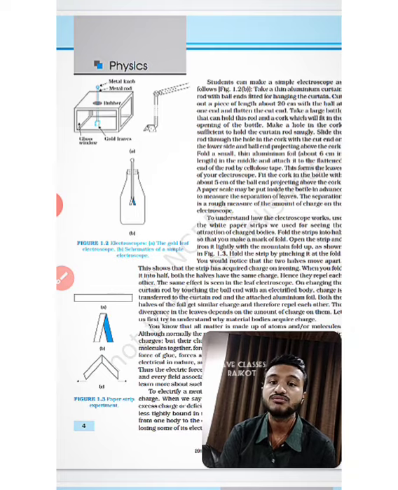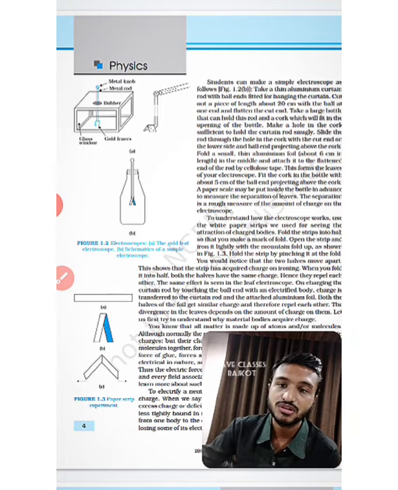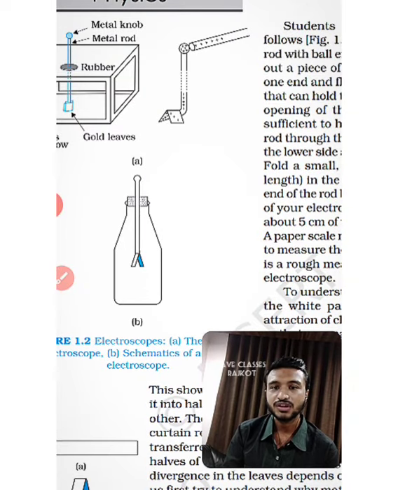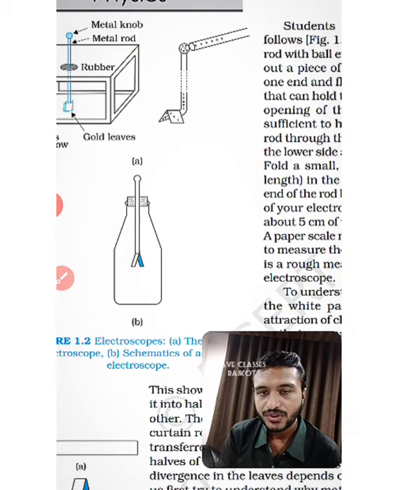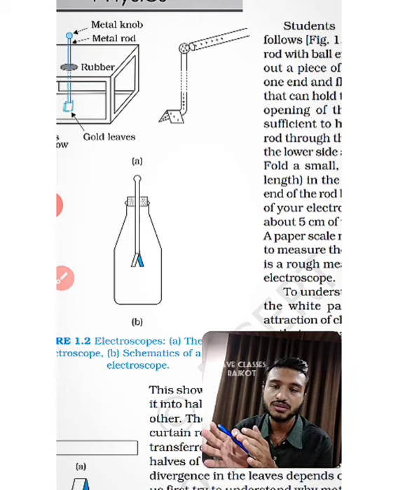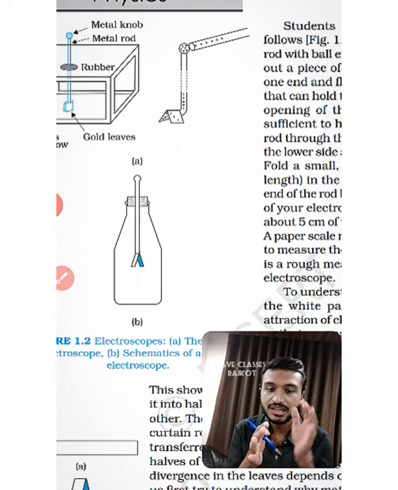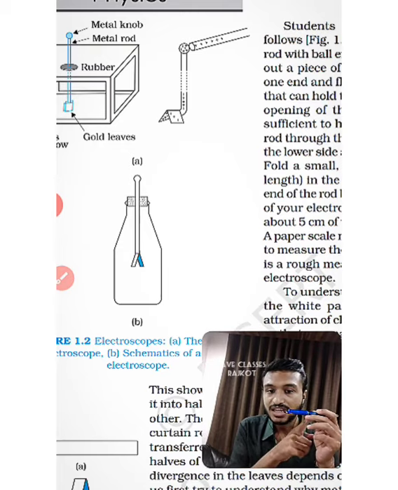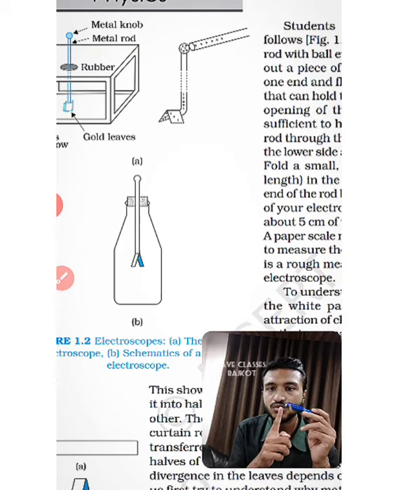Remember, in the figure you can see clearly there is a plus charge. Once it comes into contact with the metal knob, it will transfer the charge. Whenever the glass is put near the metal knob, it will transfer the charge from the rod to the metal knob.